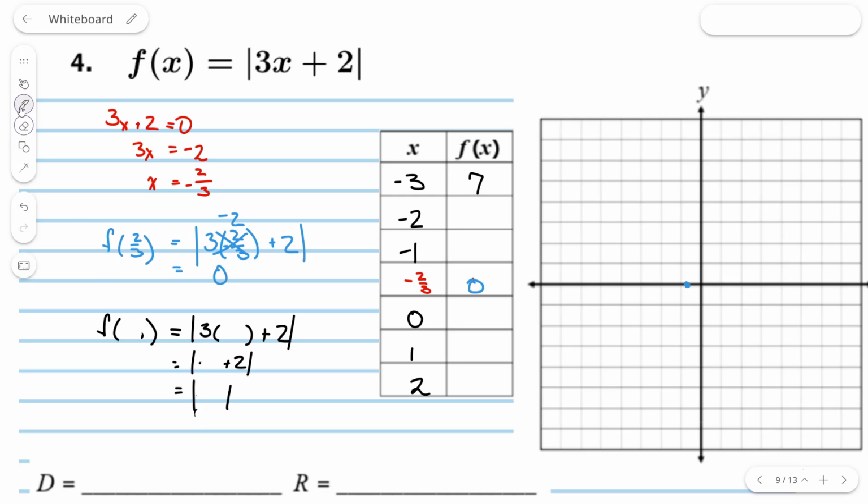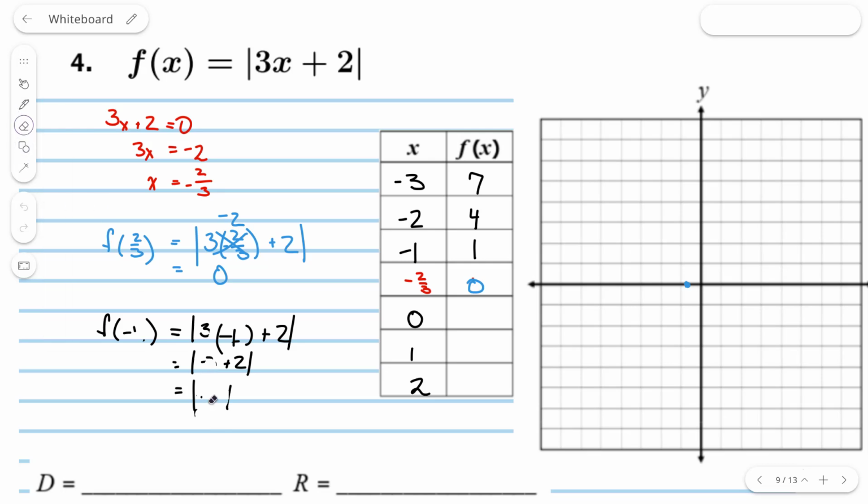When I plug in a negative 2, that's negative 6 plus 2, negative 4. And that's 4. And so I'm going to plug in my next one. Negative 1. 3 times negative 1 is negative 3, plus 2 is negative 1. And that's going to give me a 1.